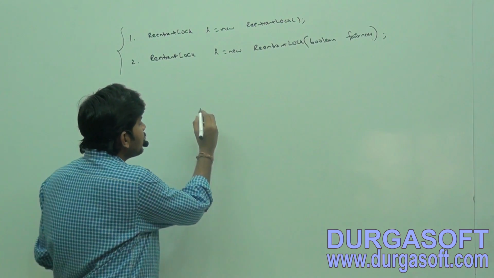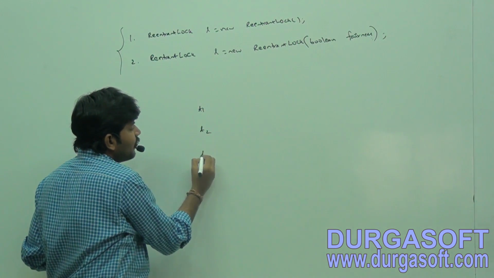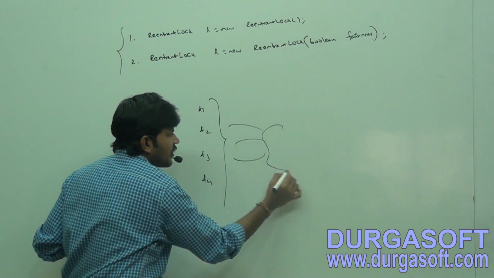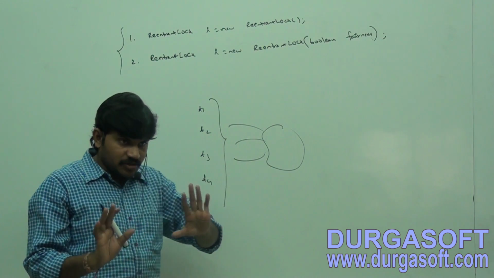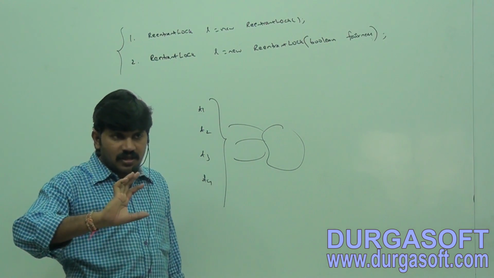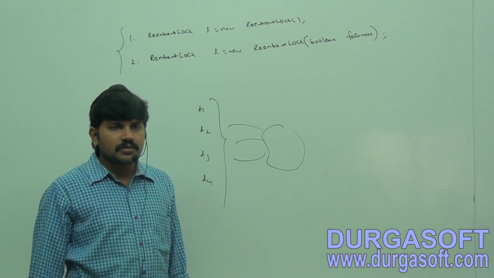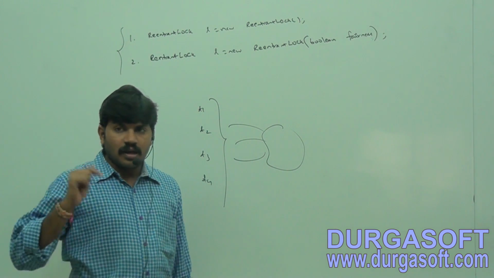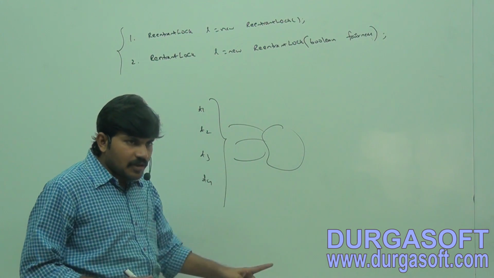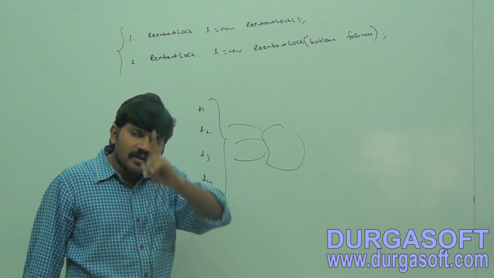Suppose multiple people are waiting, then who has to get the chance? Which one is fair? Boss, if the opportunity is there, the longest waiting person has to get the chance. That is, if the lock is available, then the longest waiting thread will get the chance.